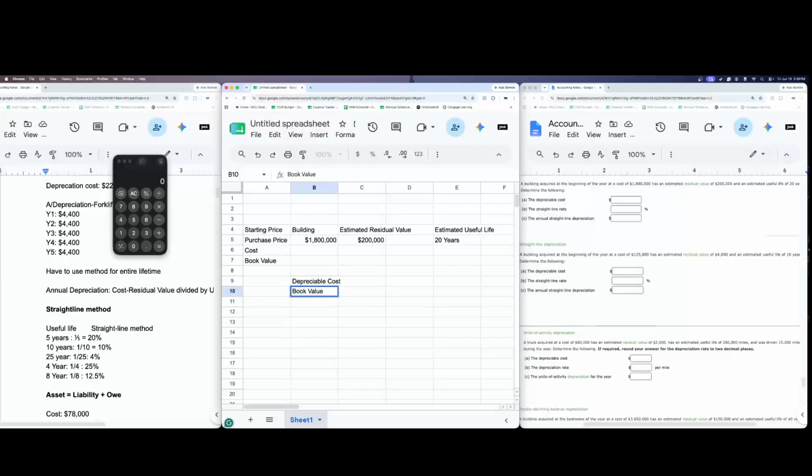Book value minus residual, well, estimated residual value equals depreciable cost. Okay, so the book value of this building, $1,800,000 minus $200,000 equals $1,600,000, which is the depreciable cost.